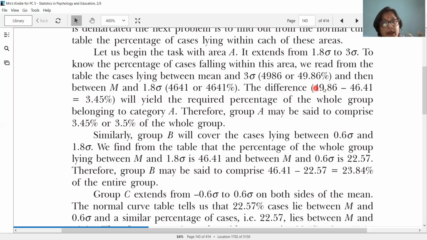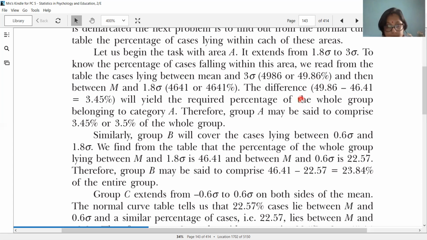Try to relate this calculation with the graphical representation. I hope you understand this point.